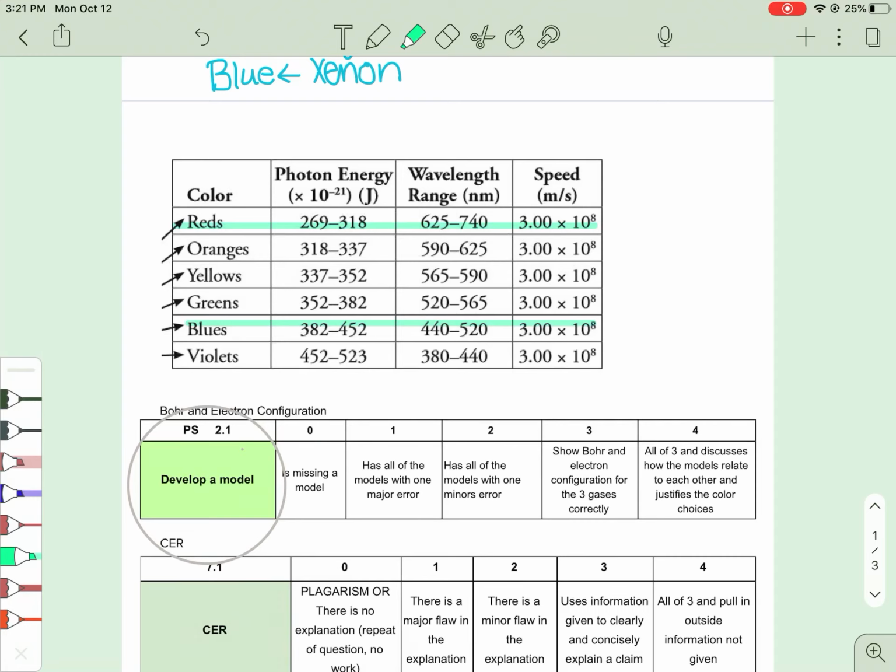I'd love if you would bring in information from this table, explaining that krypton is white light, so it's all of the colors combined. But here is the issue. That's not evidence as to why these different colors are specifically being produced. That's part of the evidence, but that's not the full explanation of why they're giving off different colors of light.